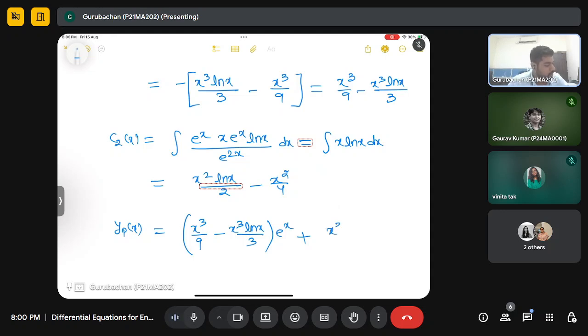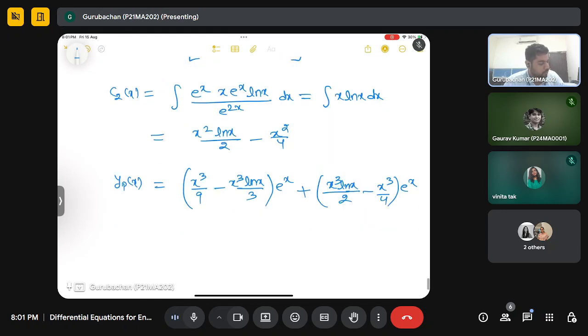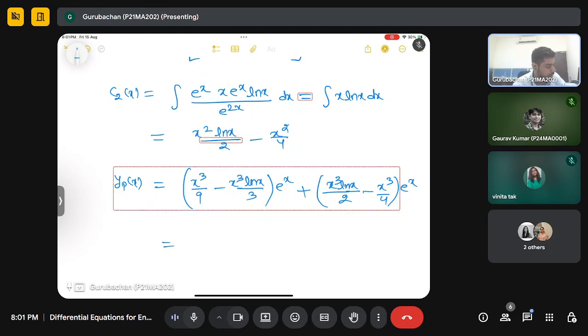So again we can multiply x cube ln x divided by 2 minus x cube divided by 4, e to the power x. If you solve a little with respect to this, you will get x cube by 9 minus x cube by 4. So it will give you 1 by 9 minus 1 by 4, which is minus 5 by 36.